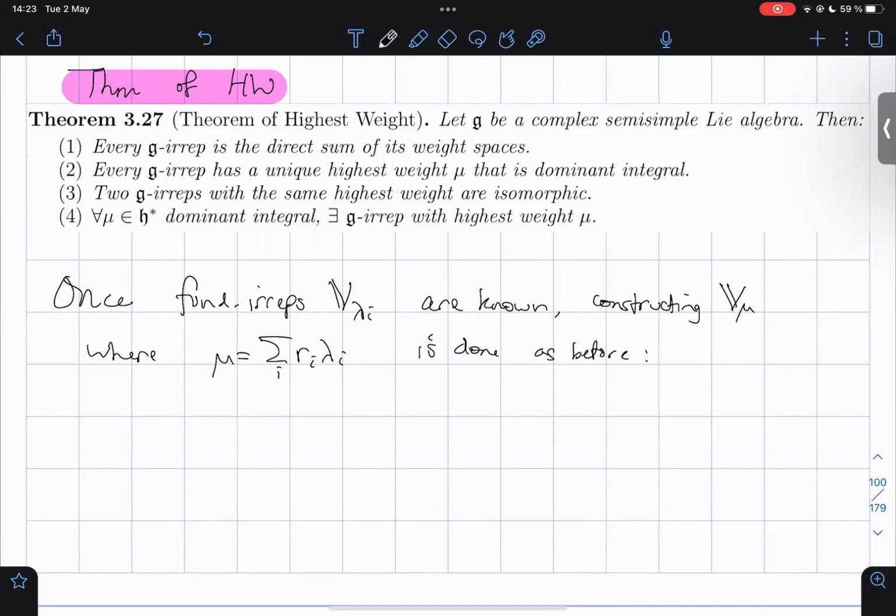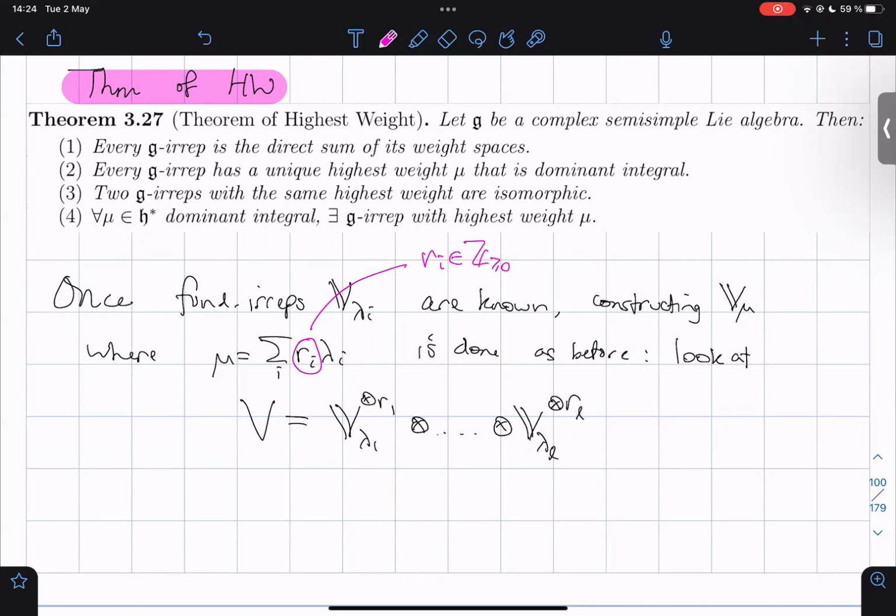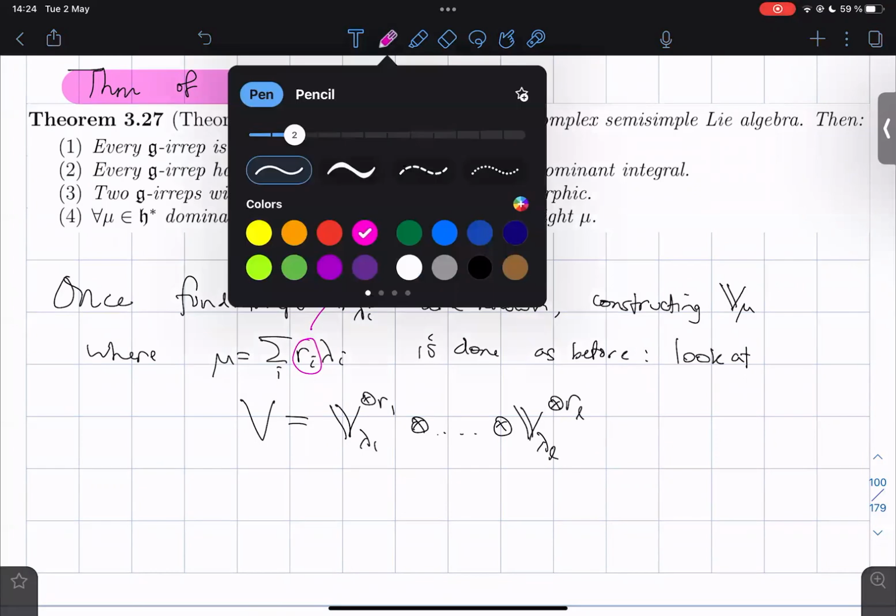Look at the tensor product of V lambda i raised to the r_i. Remember, we're working with dominant integral weights, so these r_i's are dominant integral, non-negative integers. So this construction makes sense.